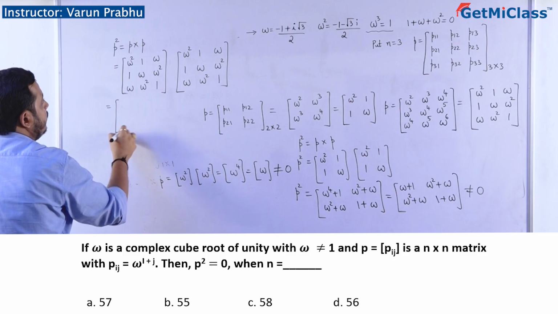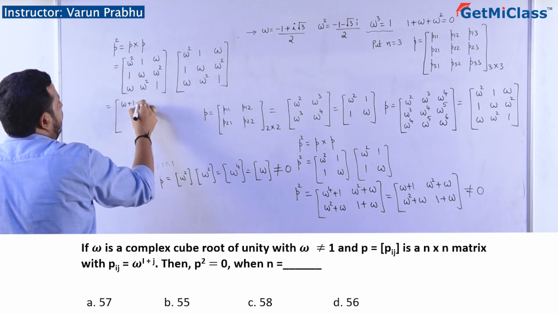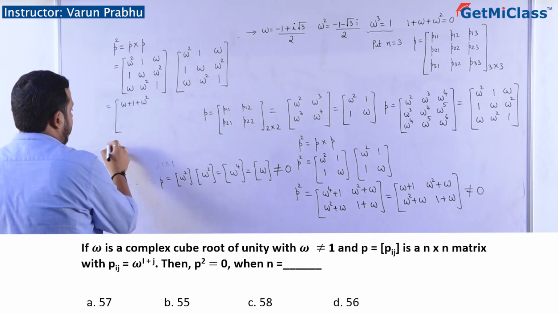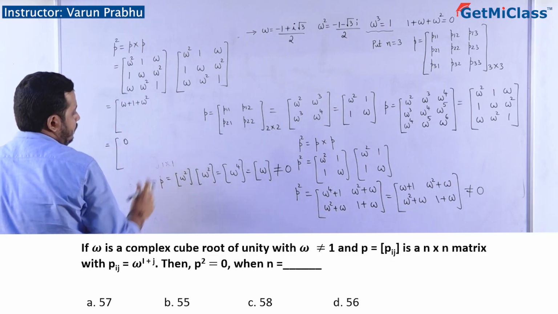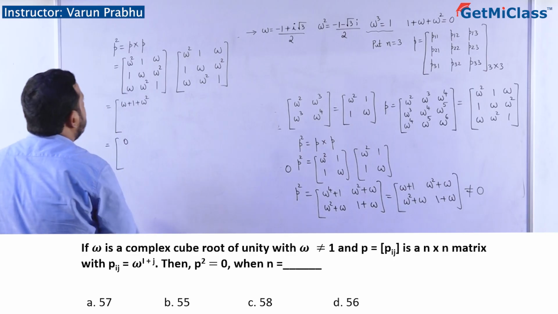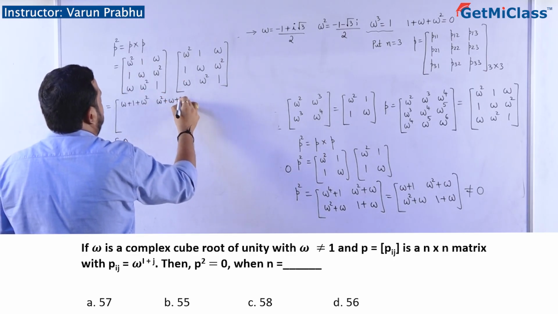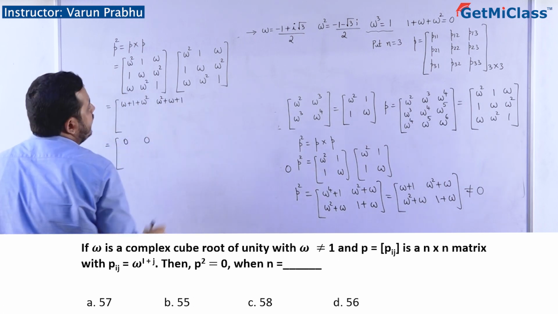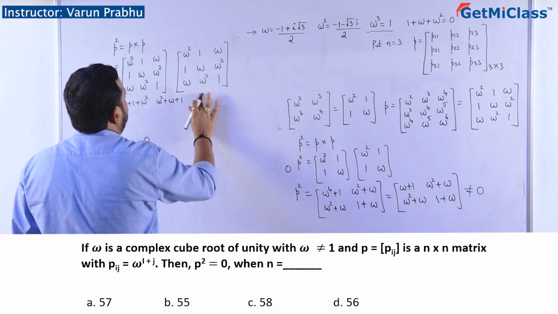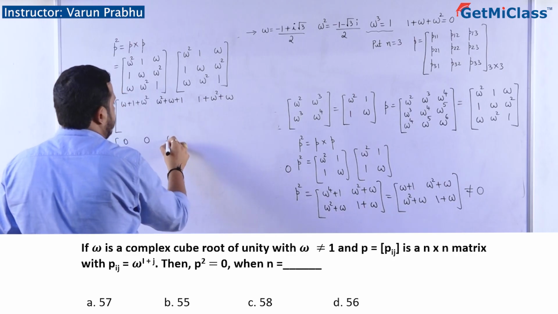So we will get here omega to the power 4, that is nothing but omega plus 1 plus omega square. 1 plus omega plus omega square is 0, right? Here we will get 0. Similarly, omega square plus omega cube plus omega to the power 4 again gives 0, and the third element also will be 0.